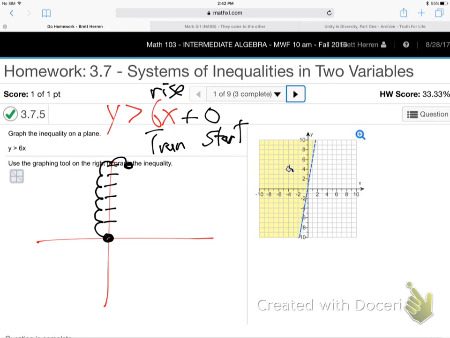Oh, actually, you know what I need to mention? If it says greater than or equal to, it doesn't, but if it did, that'd be a solid line. If it doesn't have the equals, it's a dotted line, kind of like the parenthesis and bracket thing. It means that it can't be exactly there. It can't be right on the line. It's only greater than the line.